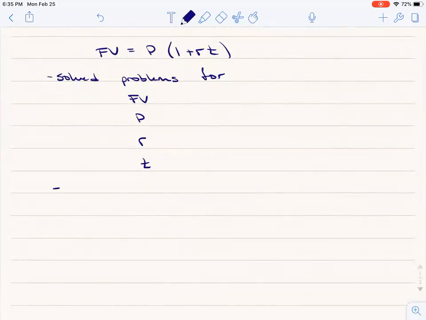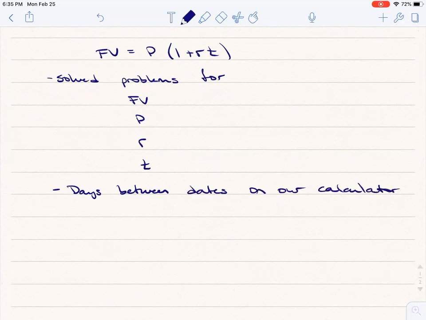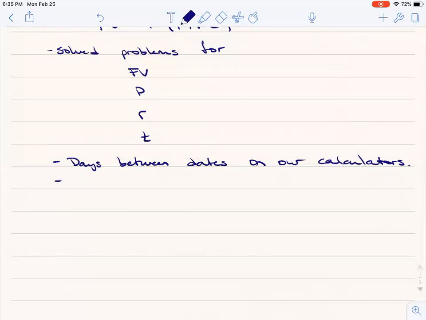We learned how to calculate days between dates on our calculators, right? So days between dates on our calculators. We talked about, we started using timelines to try to figure out the information that we're given, right?